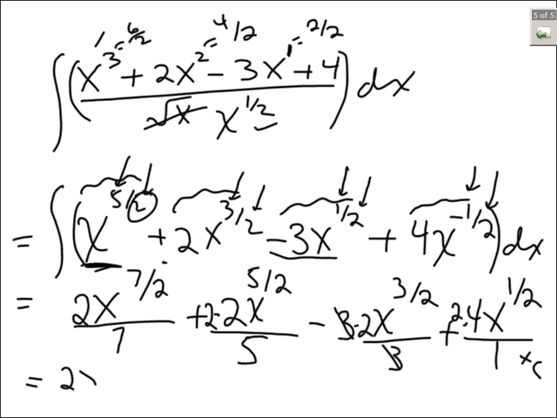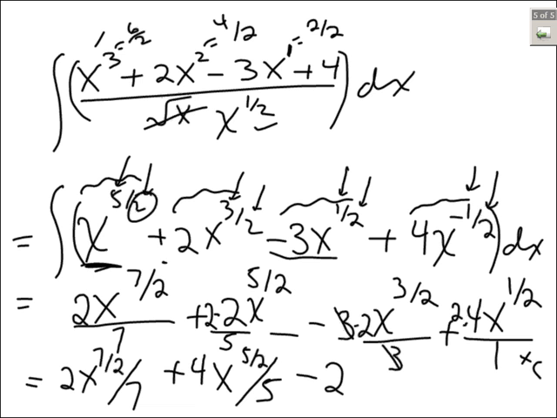Okay, let's just clean this up. We get 2x to the 7 over 2, over 7. 2 times 2 is 4. 4x, make this a little bit smaller. 4x to the 5 halves over 5.